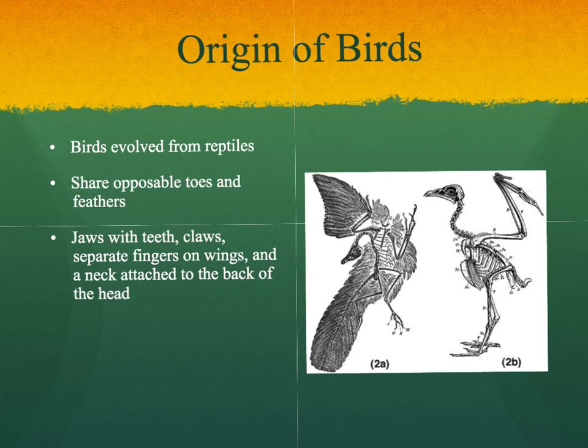Microraptor gui possessed jaws with teeth, claws, separate fingers on wings, and a neck attached to the back of the head. As time passed, their teeth disappeared, the claws and fingers fused together, and the neck lowered to the bottom of the head. These creatures also developed hollow bones and large breastbones to allow for flight.